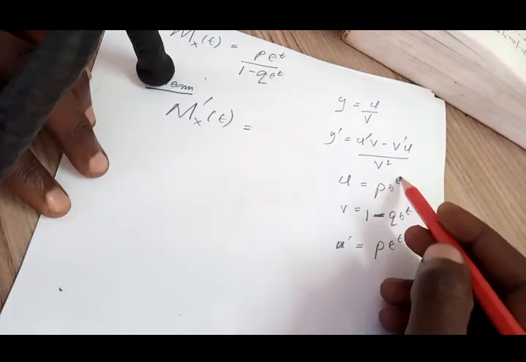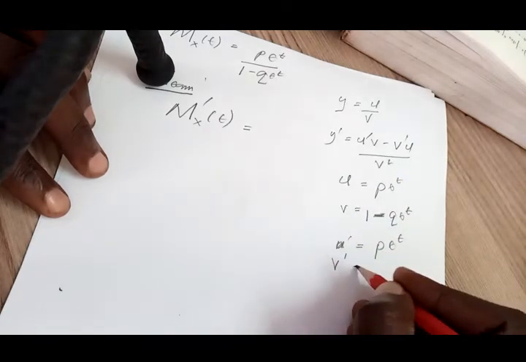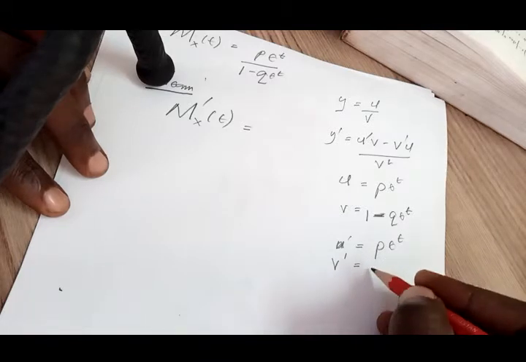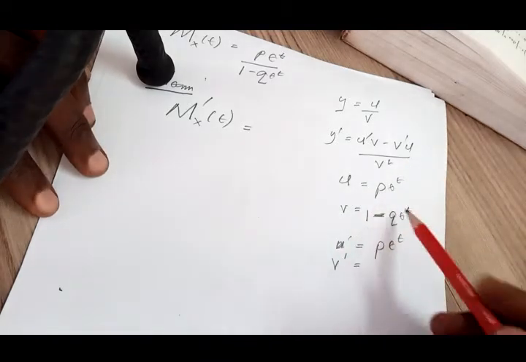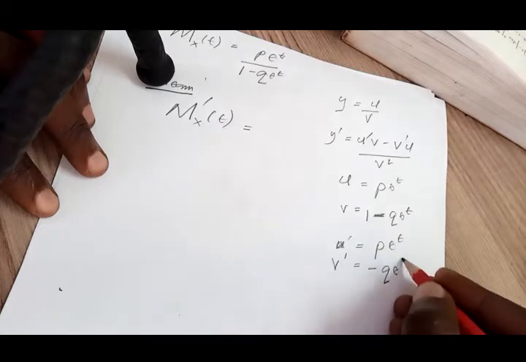Just find the derivative of this one, multiply by this, it will be that. Then our v prime is going to be the derivative of this whole thing.